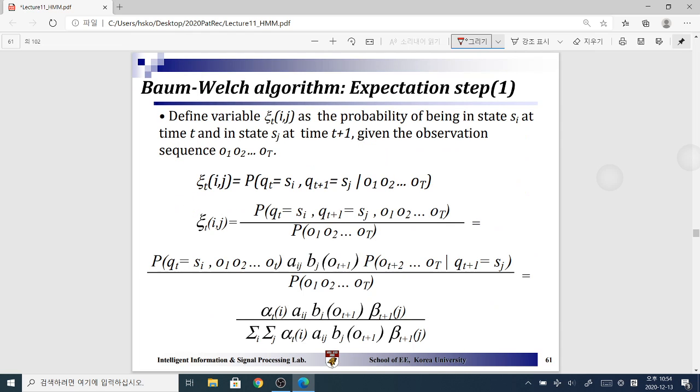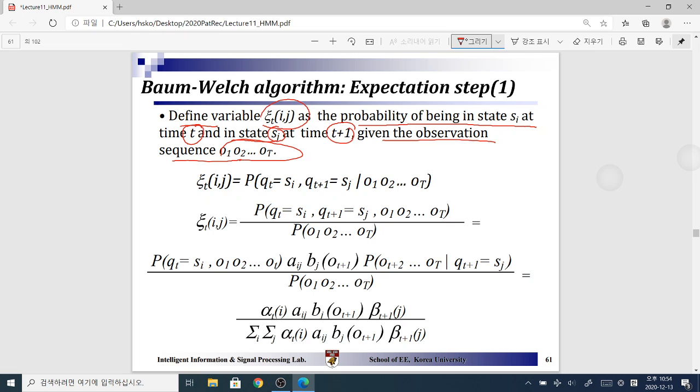Okay, so now let's delve into the specifics. What we want to do is to define the variable psi sub t of ij as the probability of being in state S_i at time t and in state S_j at time t plus 1, given the entire observation sequence.